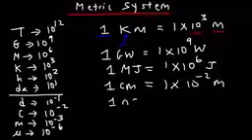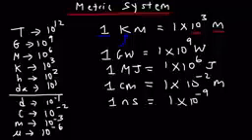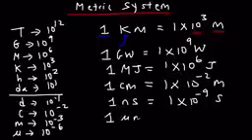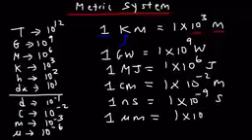A nanosecond, nano is 10 to the minus 9, so it's going to be 1 times 10 to the minus 9 seconds. A micrometer is 1 times 10 to the minus 6 meters.